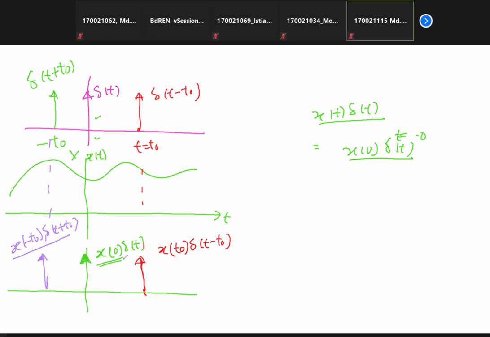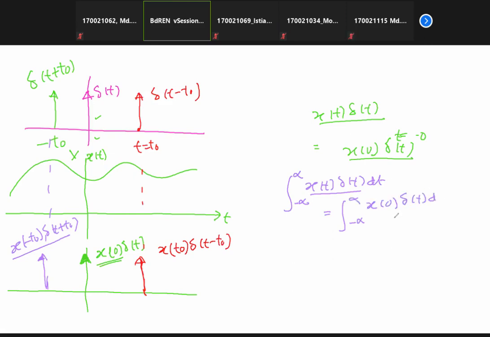Now if we integrate any one of these functions between these two limits, consider this first one first, and assume that you do not have the left and right deltas. Then if we integrate from minus infinity to infinity x(t) delta(t) dt, we know that this is equal to the integral of x(0) delta(t) dt.